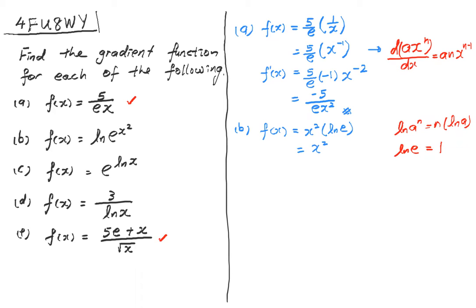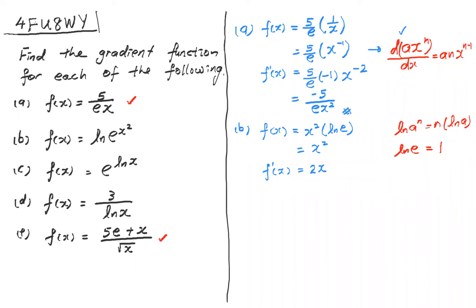So my f prime x will be equal to, I apply this formula again. Bring down the power, take away 1. 2 minus 1 is 1. When I write x, it means x power 1. That is understood? Are you okay?